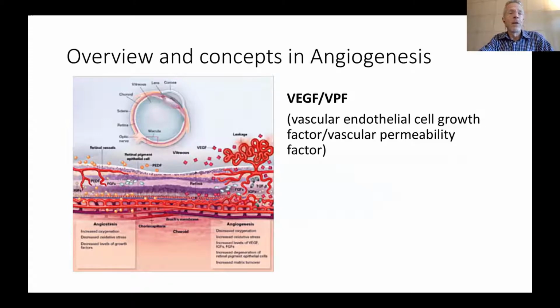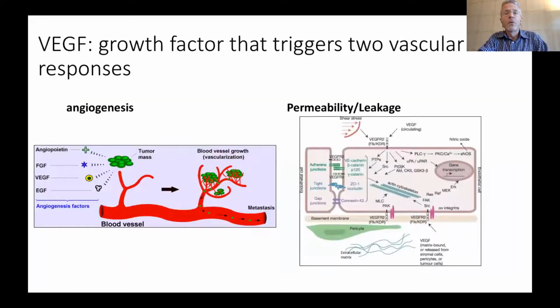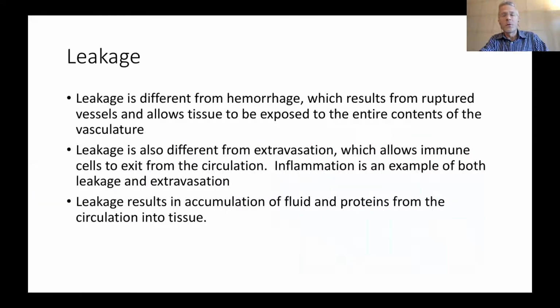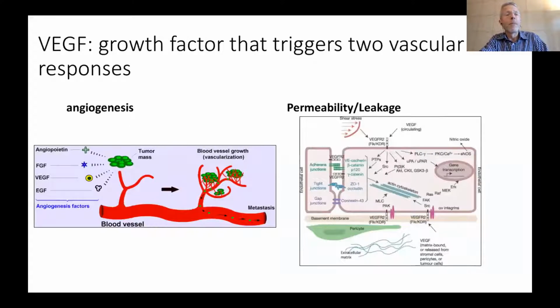The picture on the left here indicates that it has a number of jobs in the eye. It helps the retinal vasculature develop, and it also drives pathogenesis of a number of diseases that we'll be talking about. What VEGF can do is two different but overlapping things. One of the things it can do is promote the growth of new blood vessels.